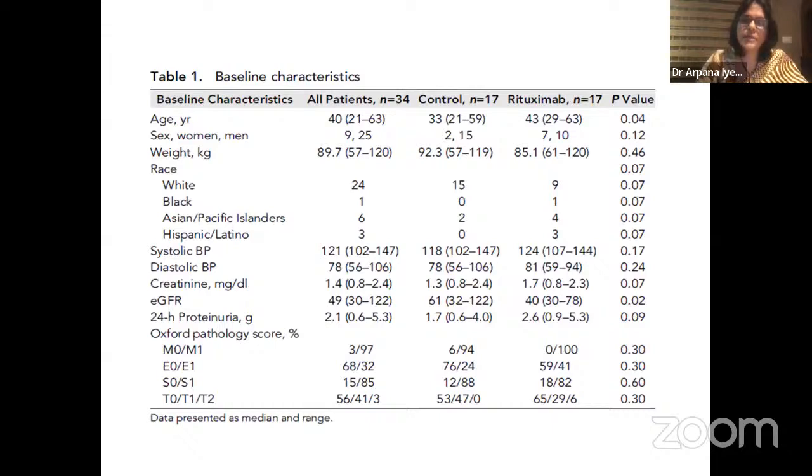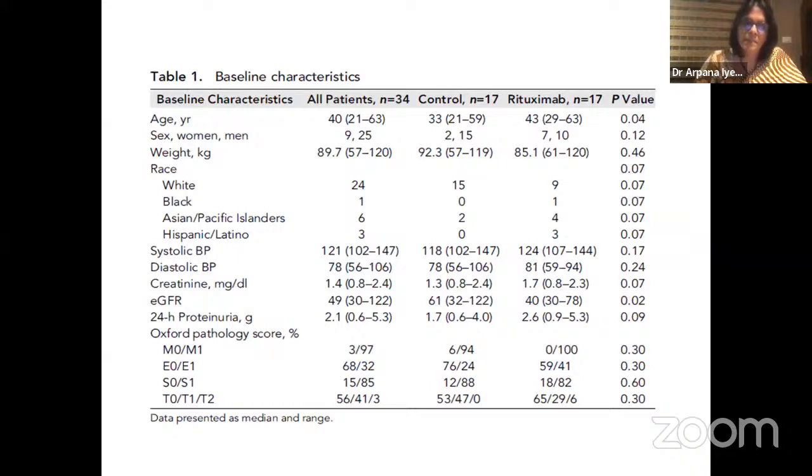So what is odd here, Siddharth, if I can interrupt? What is odd here in this table? What should not have been there? Yes, ma'am. The last column of p-value should not have been there, because one school of thought is to randomize in such a way that there should not be any difference between the two groups, and the two groups should be as similar as possible.